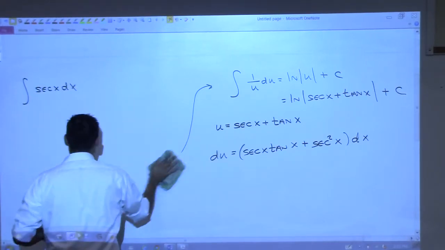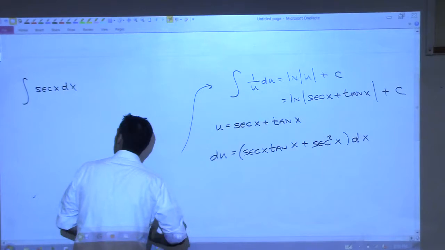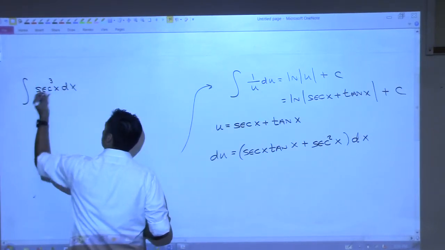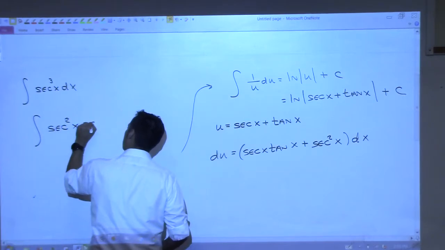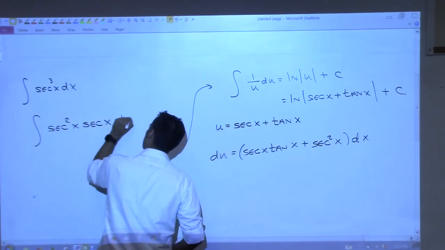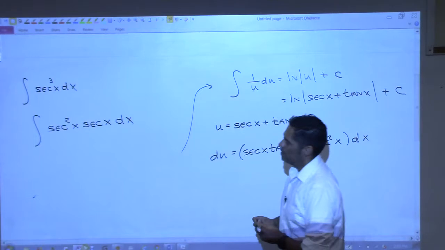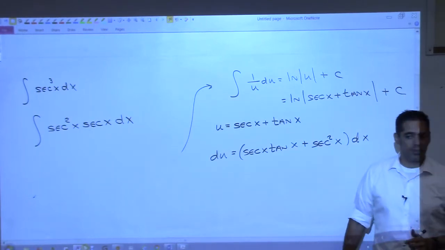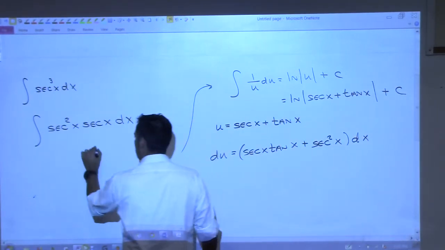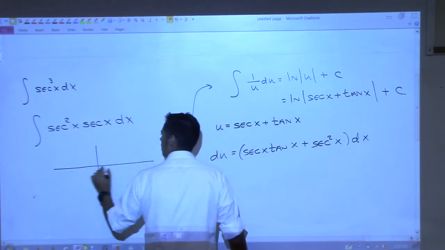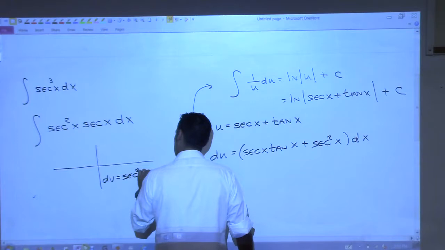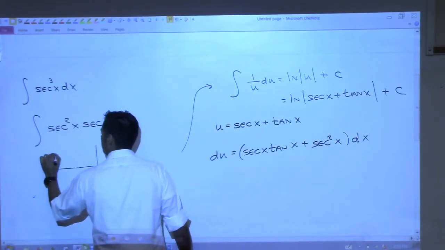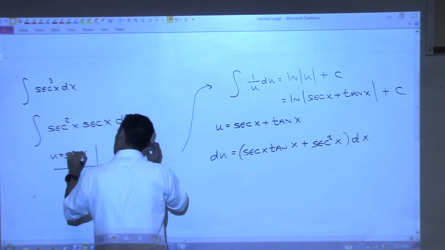I'll show you. The last example there of the weird ones is secant cubed. So to get secant cubed, what you do is you rewrite it as secant squared x times secant x, like that. And then you do integration by parts. So you go like this. dv is secant squared x dx. u is secant x.